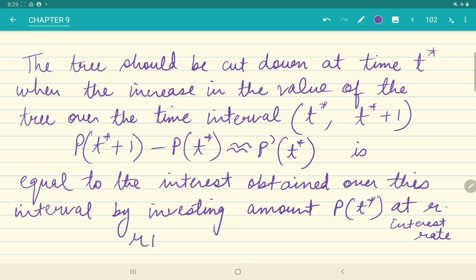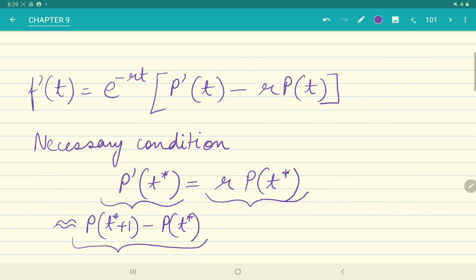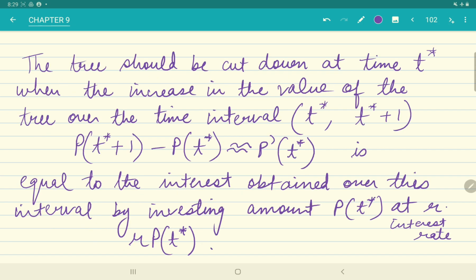That is R P of T star. But it's just a necessary condition. We still don't know if this is sufficient or not.